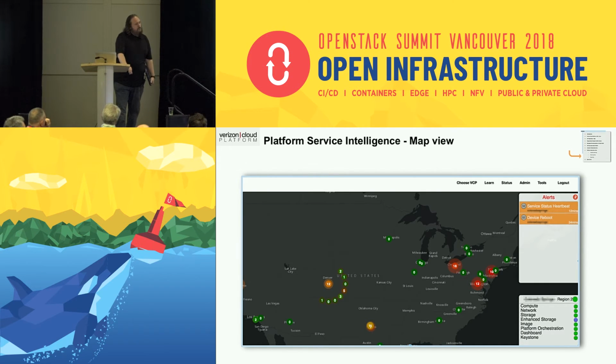So my answer was yes, but that broad sweeping yes is actually for both of those viewpoints. I believe that if I see something, the tenant should be able to see it as well, and they should be able to make a decision about moving their stuff, although we may have to do it for them underneath, if it's a really bad failure and they don't have any redundancy in the application layer. But yes, sure. What do we have left?